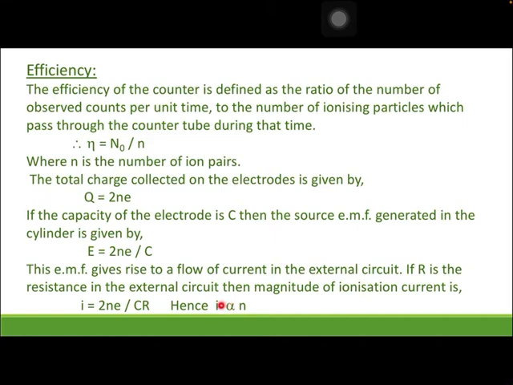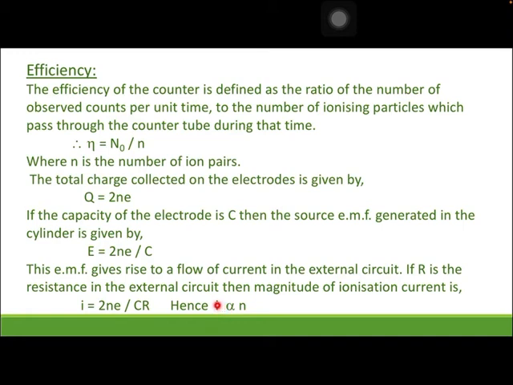So this current pulse is directly proportional to the number of particles, and therefore for each single pulse a count is registered, which is proportional to the number of particles. That is how the intensity or the count rate of the particles is detected in the counter or the scaler.